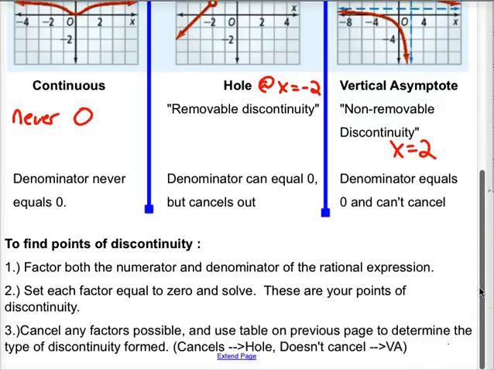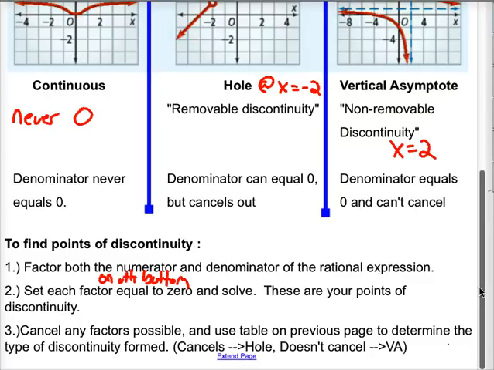So what do we do to solve these? Well, you want to factor both the numerator and the denominator of the rational expression. So if it can be factored, you need to factor it. You need to set each factor equal to 0 and solve. These are your points of discontinuity. And I should specify, set each factor on the bottom equal to 0.